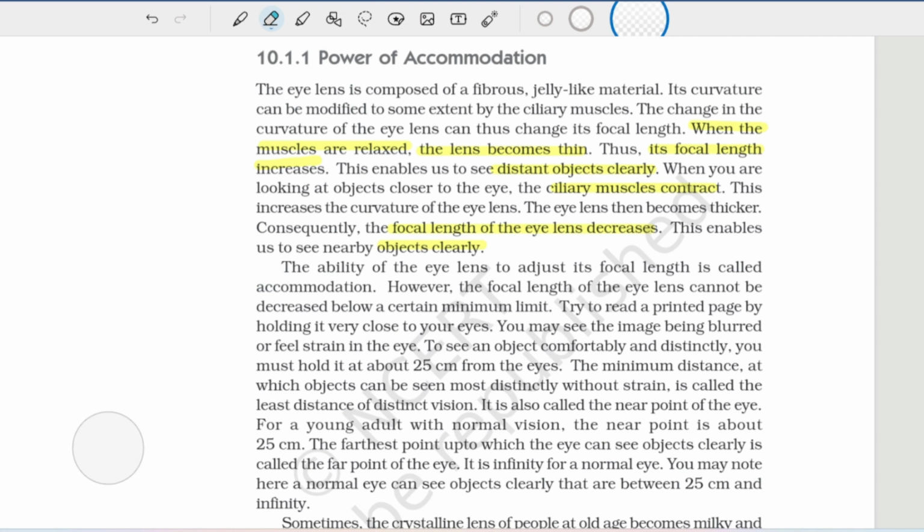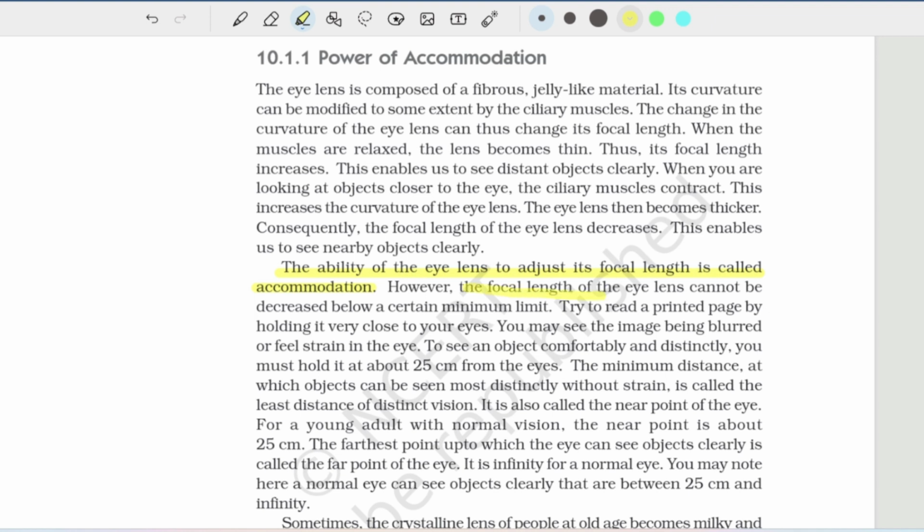So the ability of the eye to adjust its focal length is called accommodation. This power that our eye lens has to adjust its focal length according to the need is known as accommodation. Okay. So we can say this is the accommodation of an eye lens.